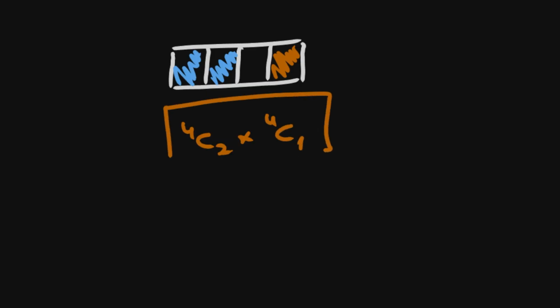Every time we are doing multiple tasks, we can multiply combinations. So in this case, we will do 4C2 times 4C1. And with this, we will find every combination of multiple tasks. Now with this in mind, let's go with another example for the problem and how to solve it.